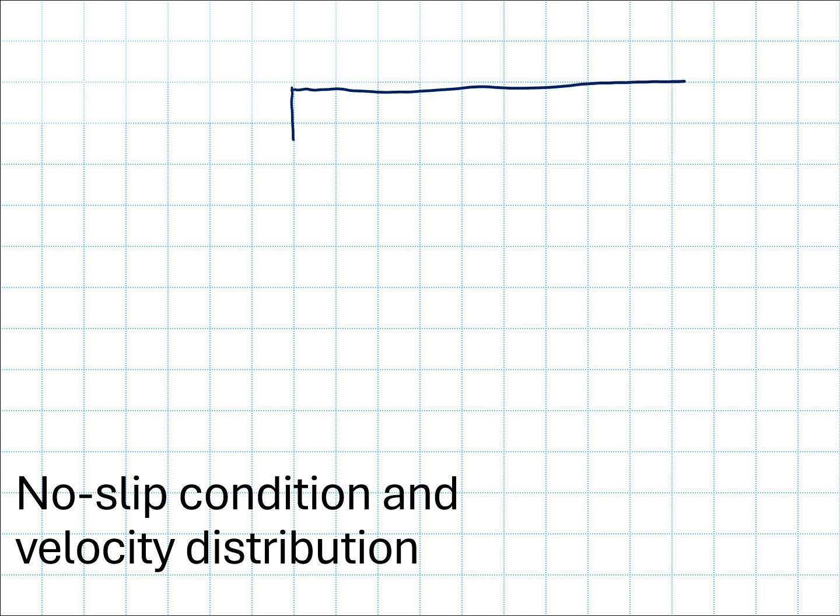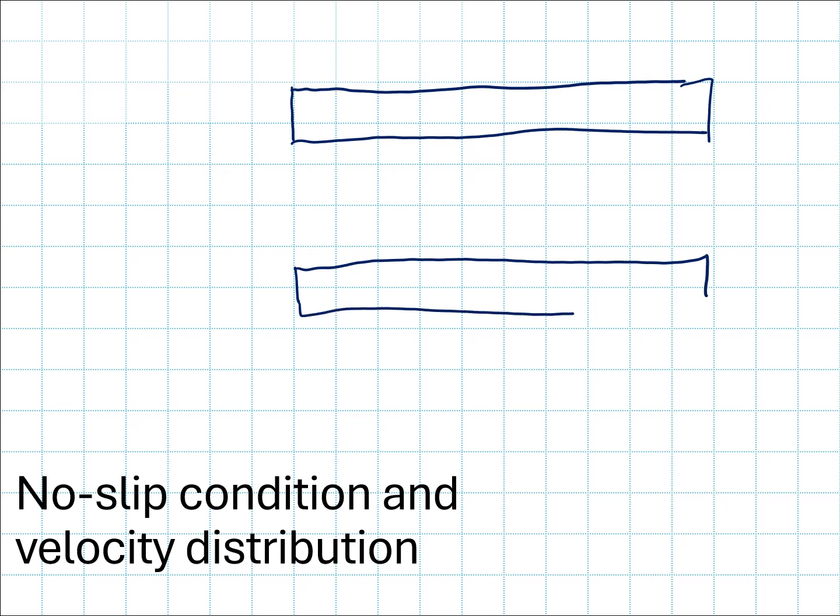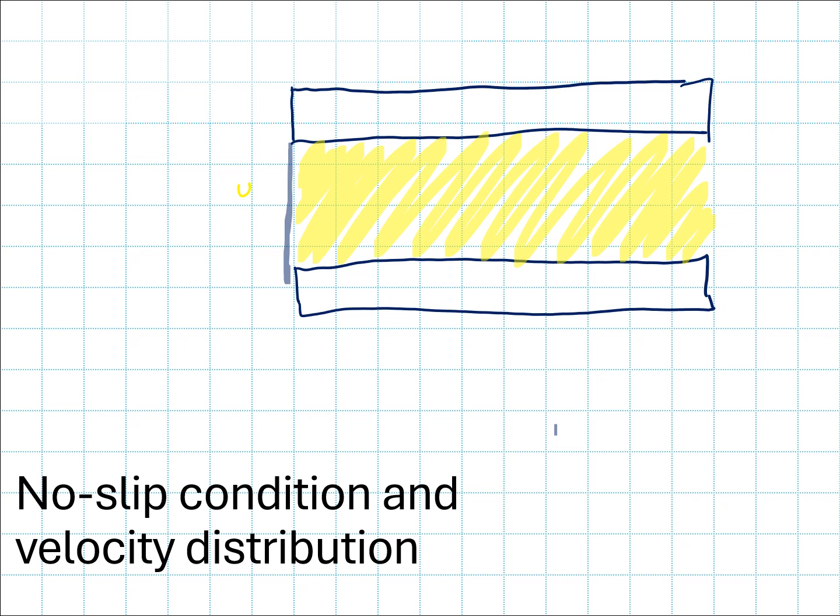So for instance, if I have two solid plates like this, and there's some kind of fluid in between them, and the distance between the two plates I'll call y, and our bottom plate is stationary, so it's moving at a velocity zero, and then our top plate is moving from left to right like this at some velocity u that's greater than 0.